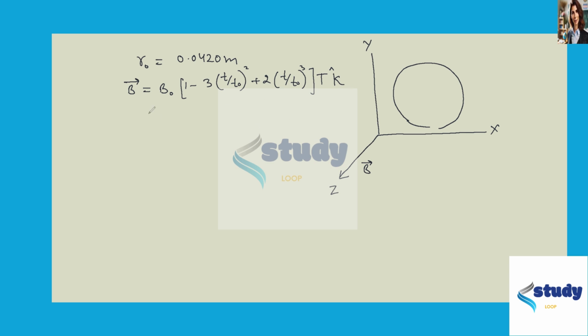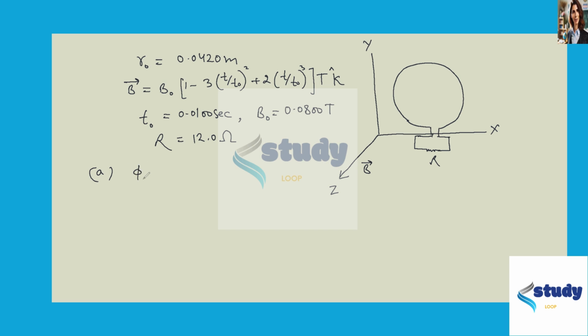The values of these constants: t naught is a constant whose value is 0.0100 second, and B naught has a value of 0.0800 Tesla. The resistance of the circuit which is attached with this coil is given as R is equal to 12.0 ohm.